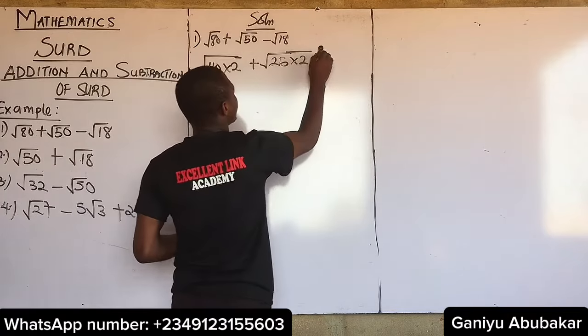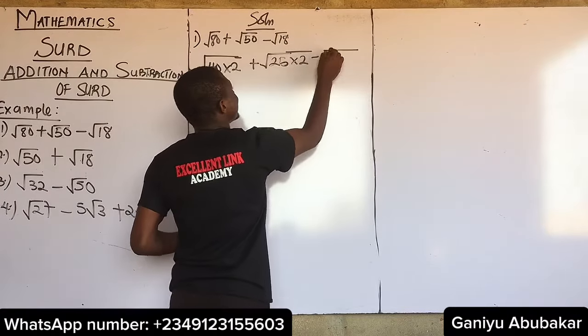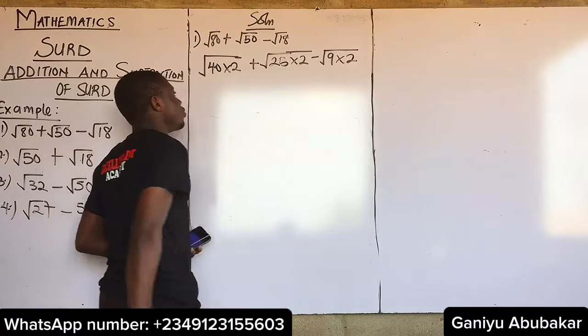Next up, minus root 18. 9 times 2 will give 18. True or false? True.